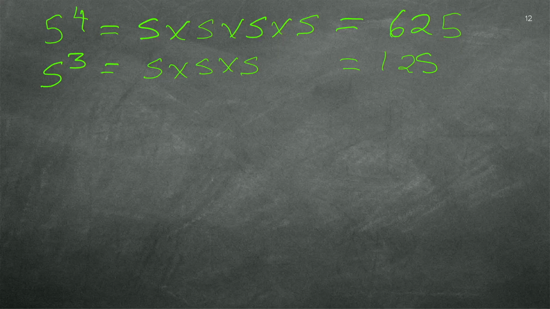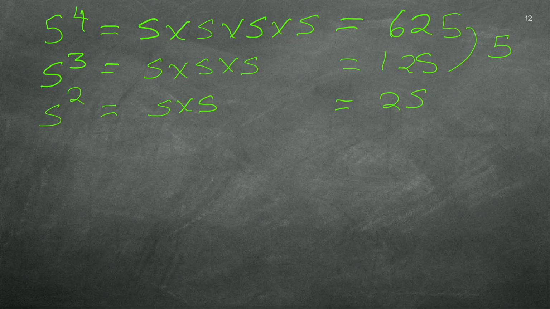Okay? Now, if we divide 125 into 625, we'll see that goes in 5 times. So if we lower our exponent by 1, our answer is getting 5 times smaller. So let's see if this pattern will carry on. 5 to the power of 2, 5 times 5, will give us 25.